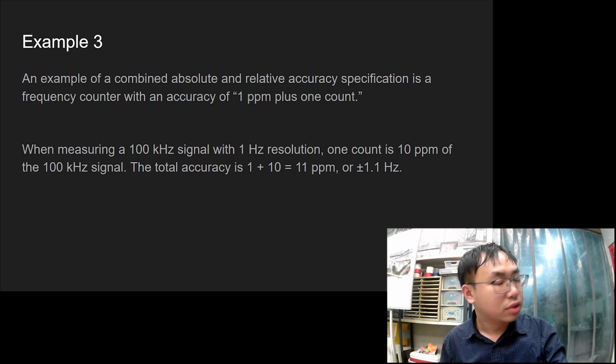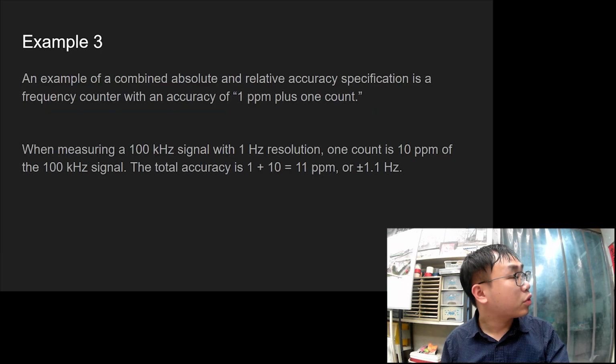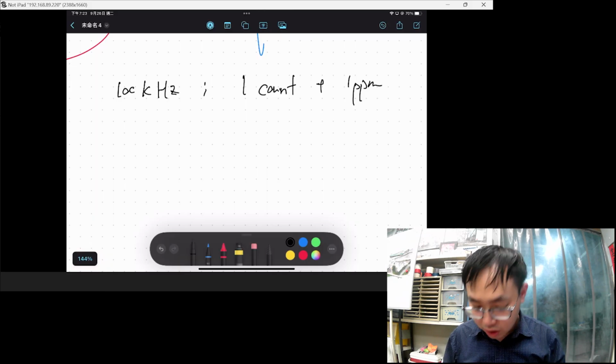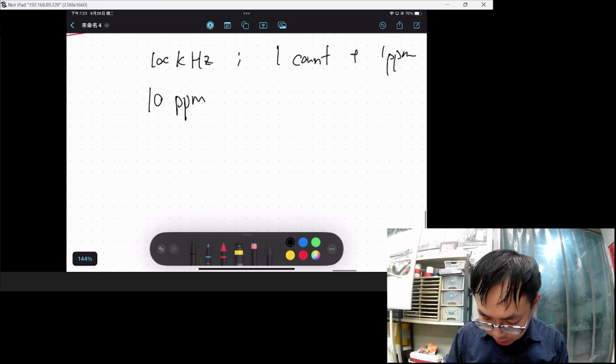Never mind, just keep it. 1 count plus 1 ppm. And we told you that 1 count is 10 ppm of the 100 kilohertz signal. So 10 ppm of 100 kilohertz.